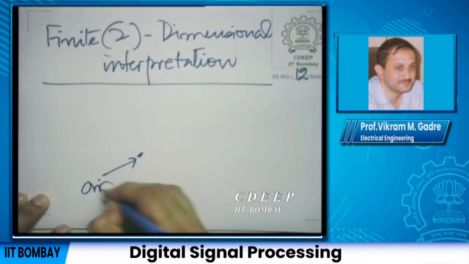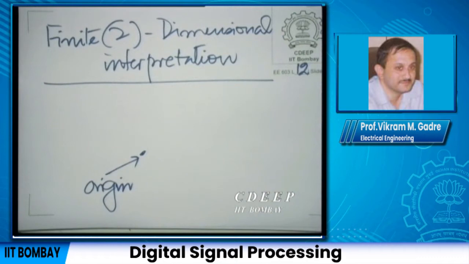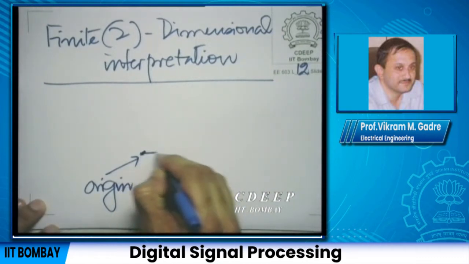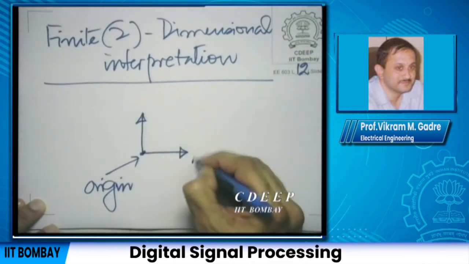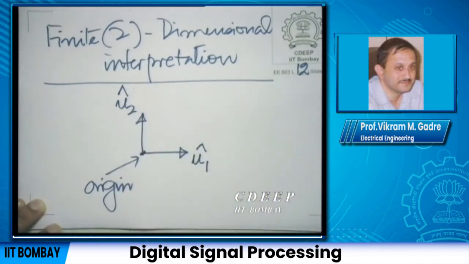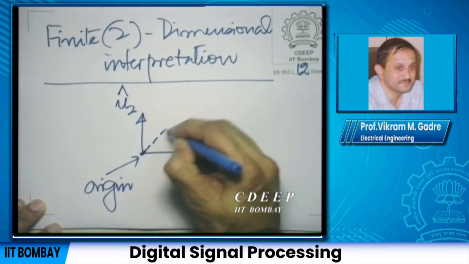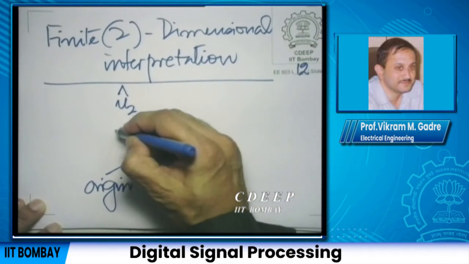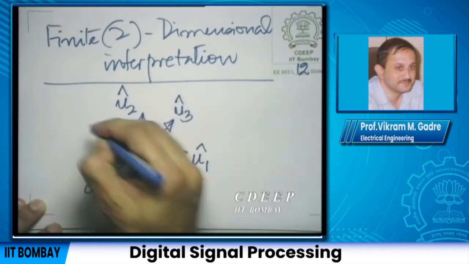Let us put the origin here. Let us draw 2 pairs of perpendicular vectors. One pair is like this, u1 cap and u2 cap. I draw another pair of perpendicular vectors, u3 cap and u4 cap.